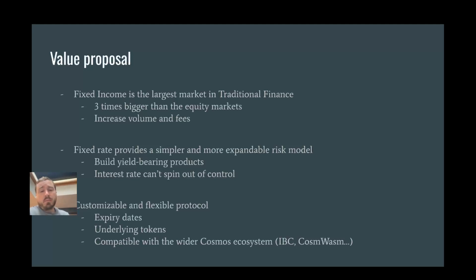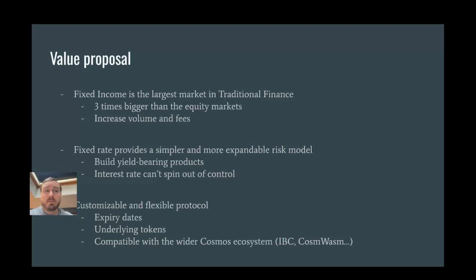So, if you compare with the current, standard way of building a lending protocol in Cosmos, well, you found out that they nearly always have an interest rate that can be variable. This interest rate will move if someone takes a big amount of debt or if there's not enough collateral in the market.